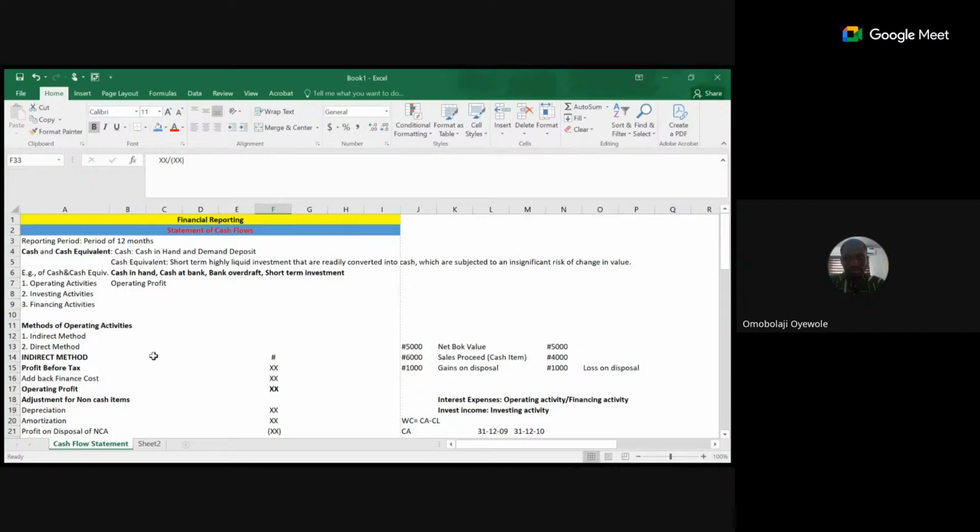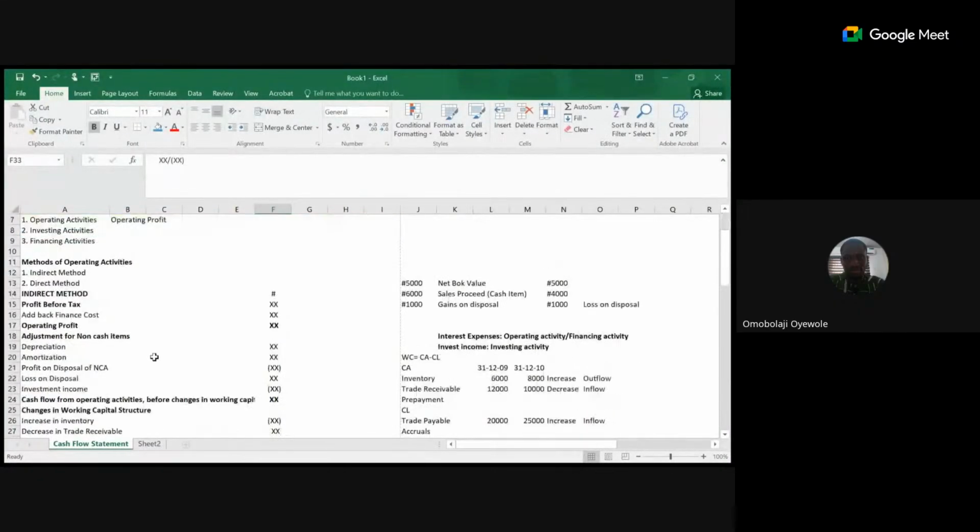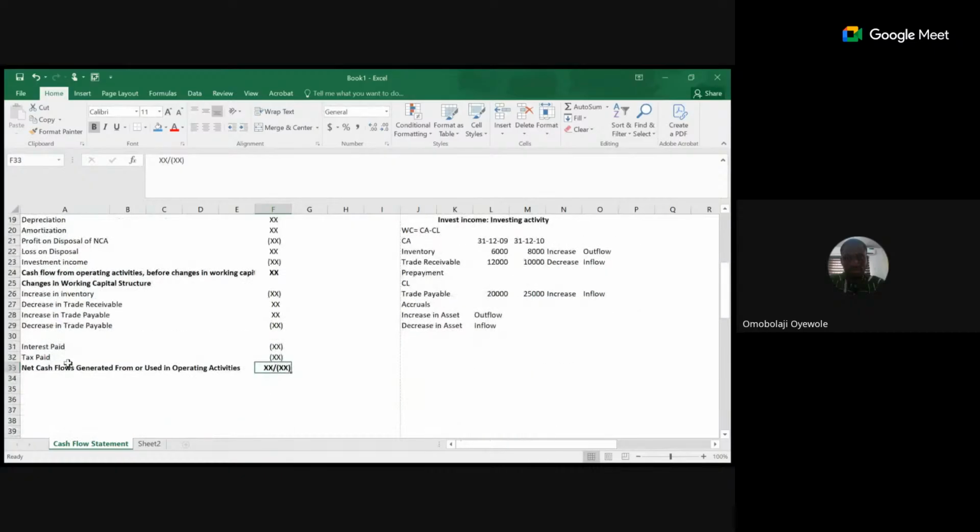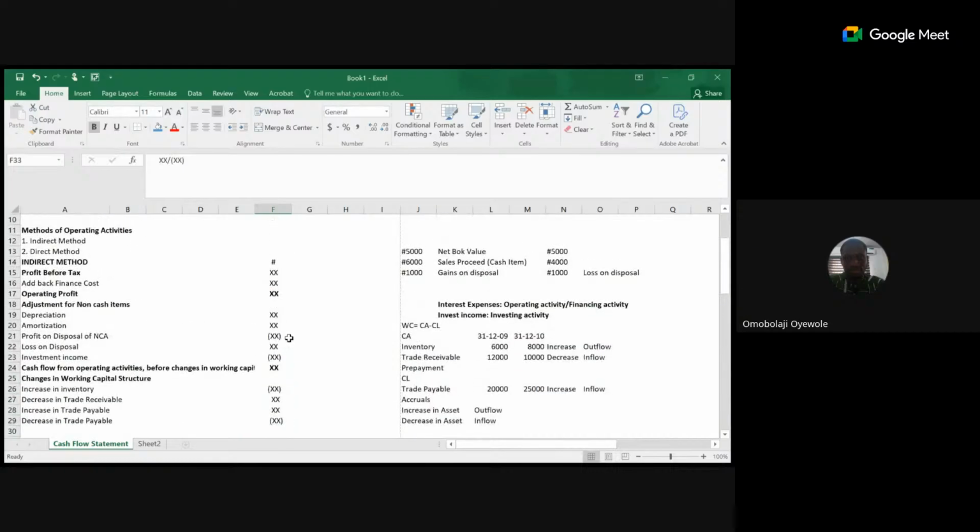These can be derived using two methods, the direct method and the indirect method. What we looked at now is the indirect method of determining operating activities.